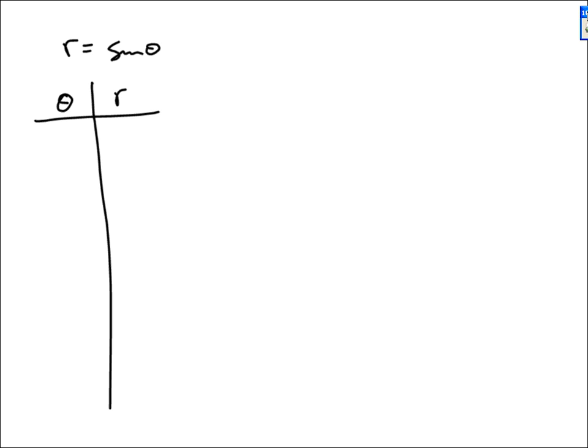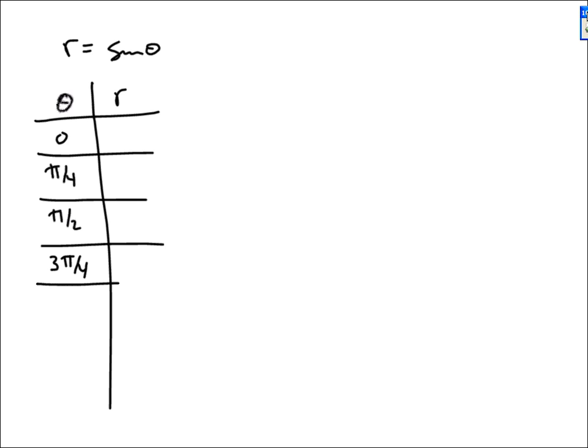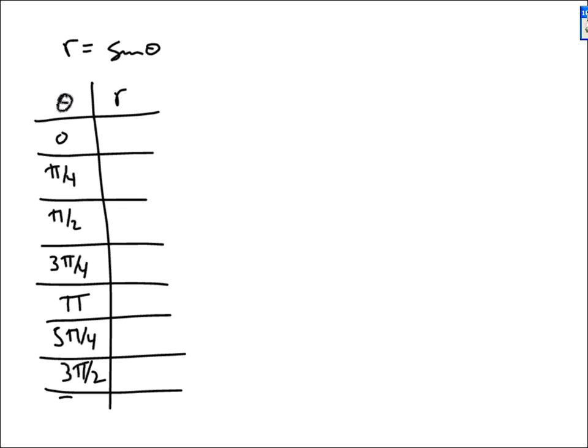What if you wanted to draw r is equal to sine theta? Theta and r. 0 pi over 4s, 1 pi over 4, 2 pi over 4, 3 pi over 4, 4 pi over 4, 5 pi over 4, 6 pi over 4, 7 pi over 4, and then 2 pi.